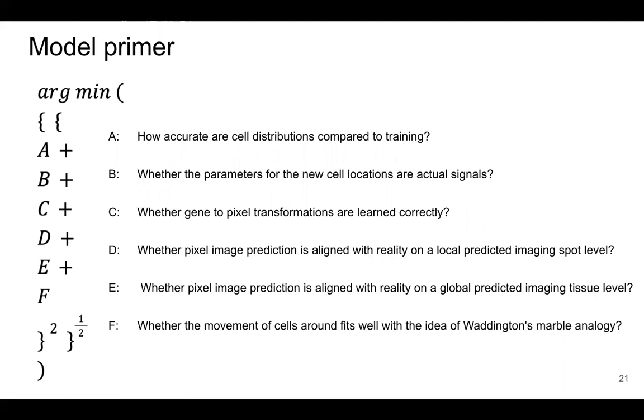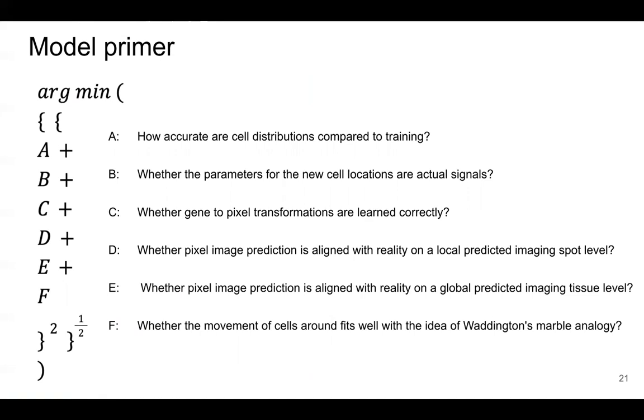Well, essentially, I use a loss function for a neural network where I put in about 6 components that create the loss function. So what I noticed is that a loss function can be almost representative of anything. And what I propose is that each component asks a specific question that defines the spatial biology.